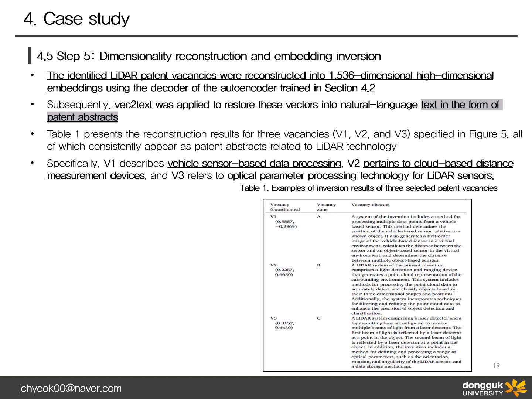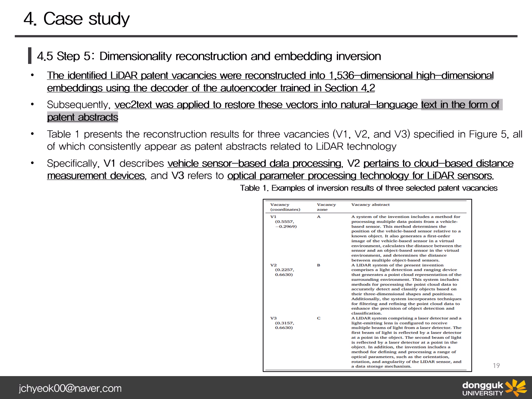Final step, the identified LiDAR patent vacancies were reconstructed into 1,536-dimensional high-dimensional embeddings using the decoder of the autoencoder trained in section 4.2. Then vector-to-text was applied to restore these vectors into natural language text in the form of patent abstracts.